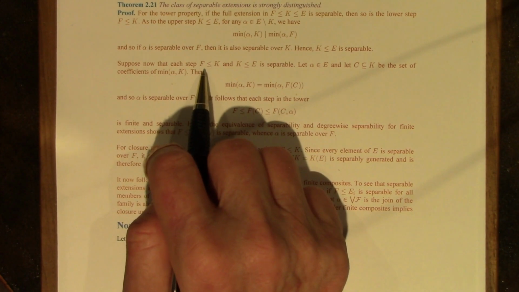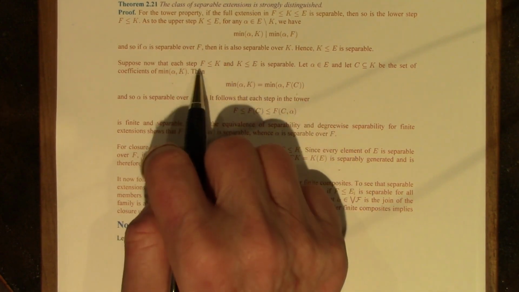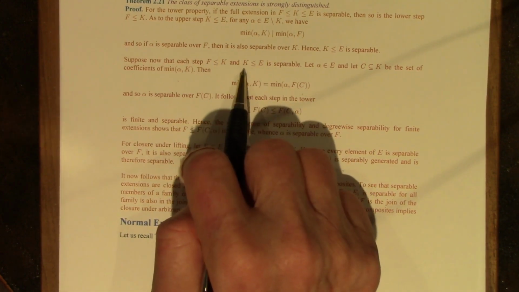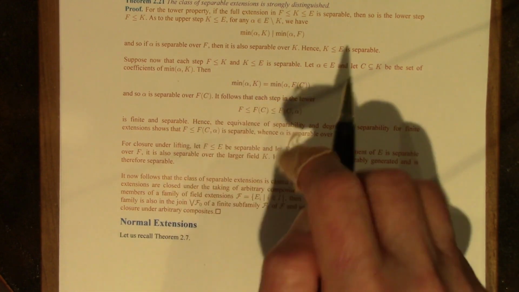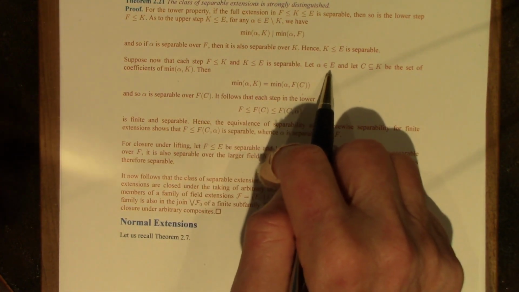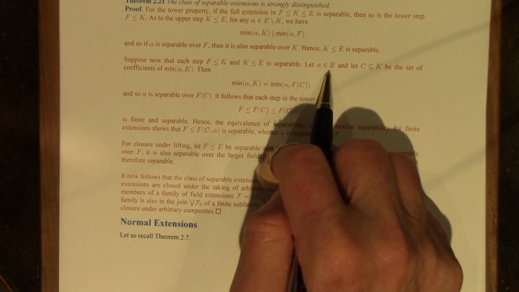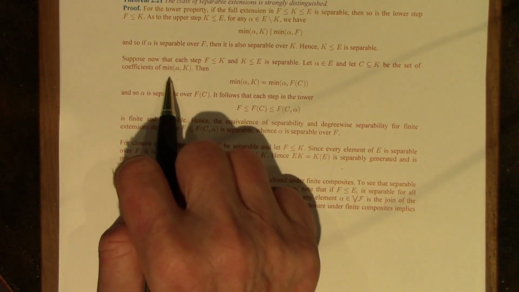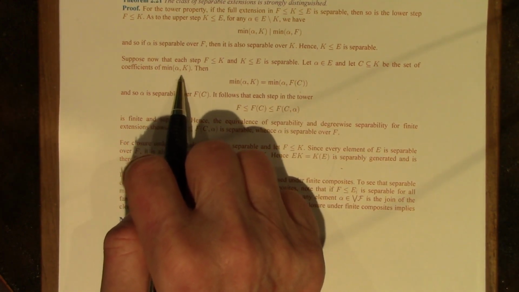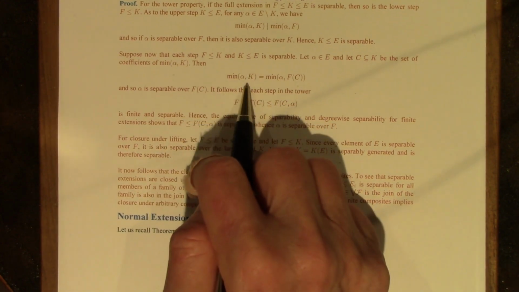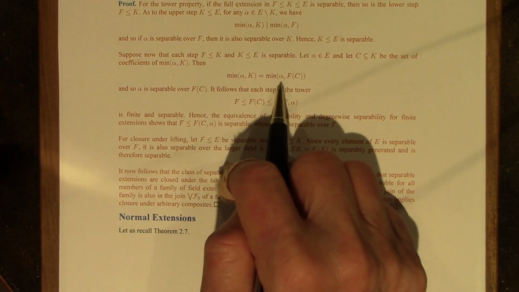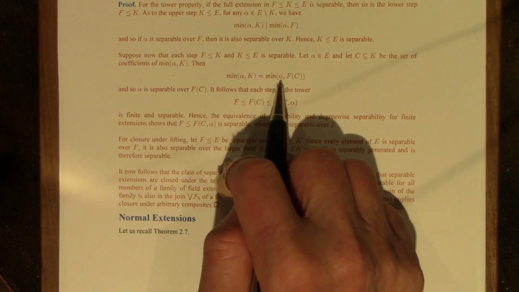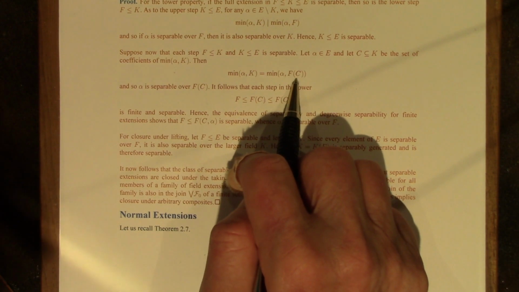Suppose now that the two steps, K over F and E over K, are separable. And let alpha be in E; we want to show it's separable over F. Let C be the set of coefficients of the minimal polynomial of alpha over K. That minimal polynomial is then the same as the minimal polynomial of alpha over F with C adjoined.